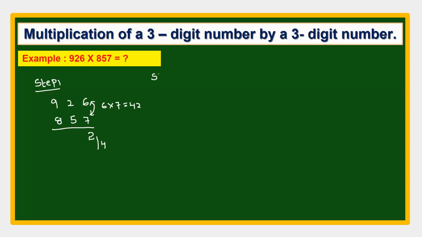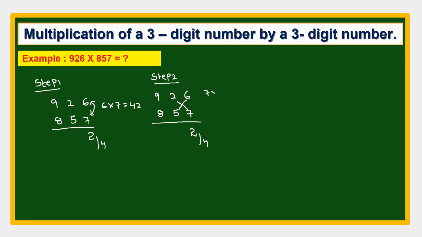And next, step 2, 926, 857. And step 1 we already performed. Carry forward 4 here. Now, do cross multiplication. Multiply 7 by 2 and 5 by 6.